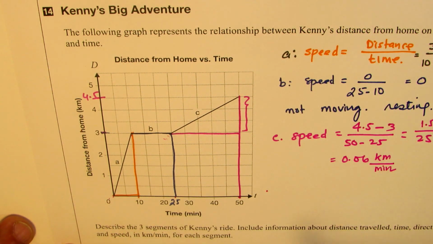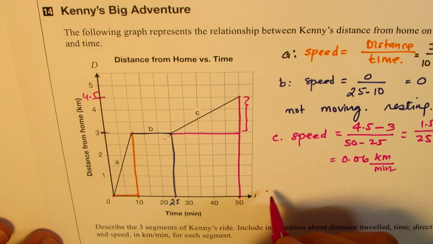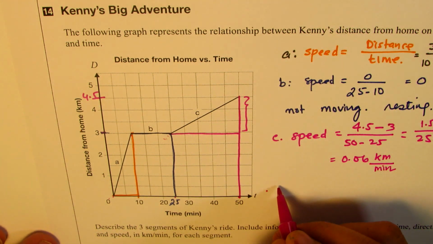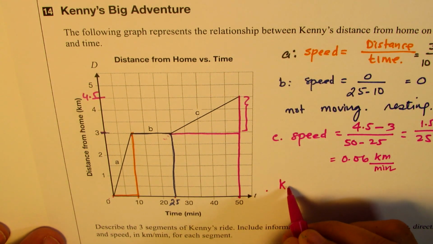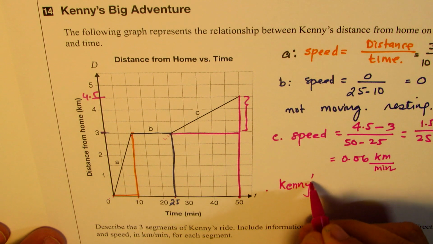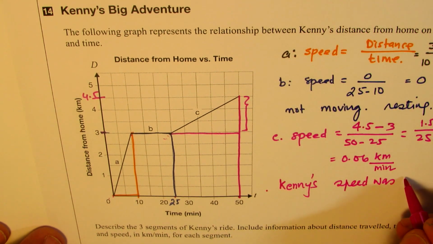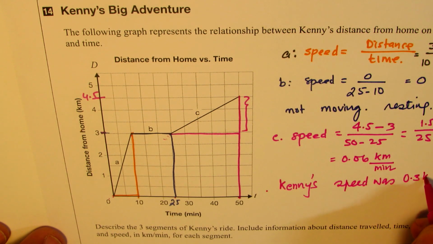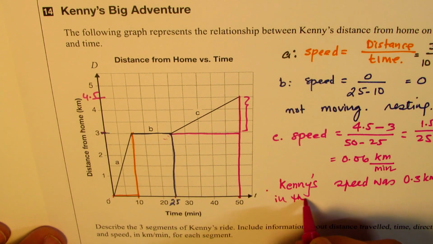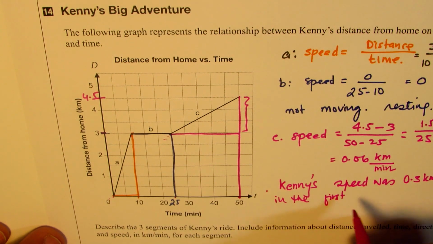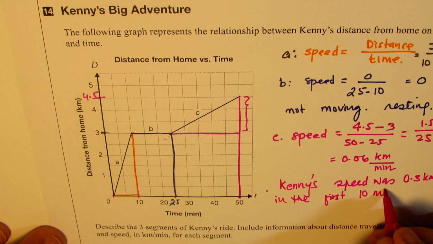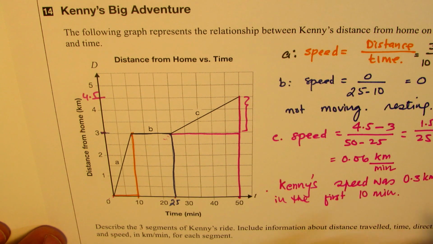So in the first 10 minutes, we can say Kenny's speed was 0.3 kilometers per minute in the first 10 minutes, right?